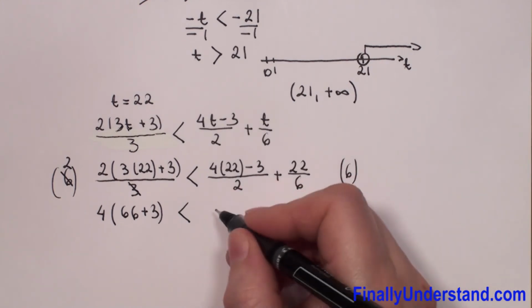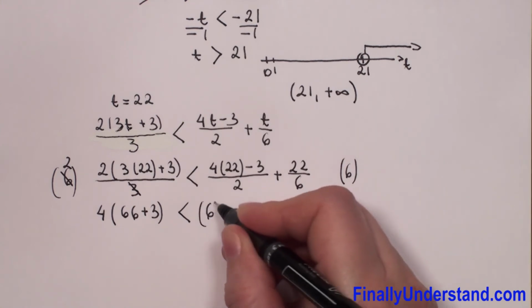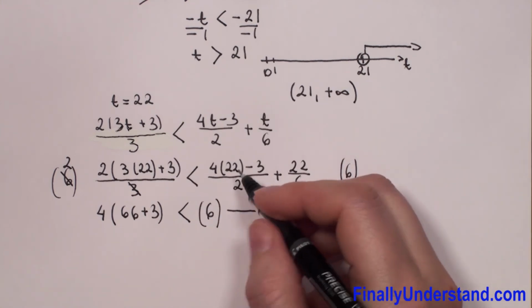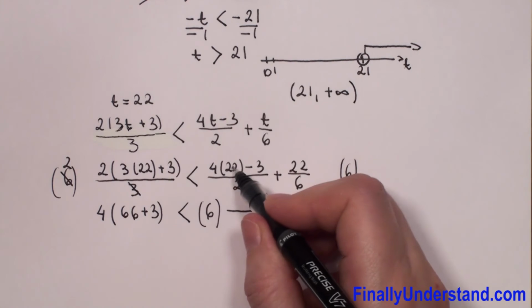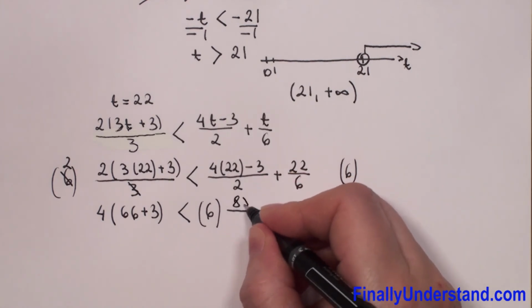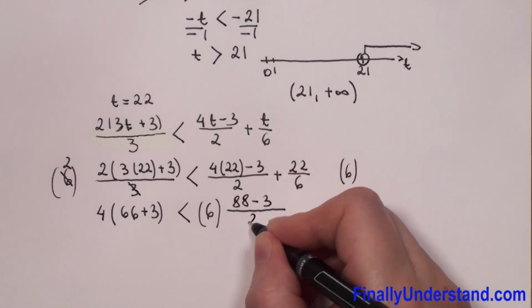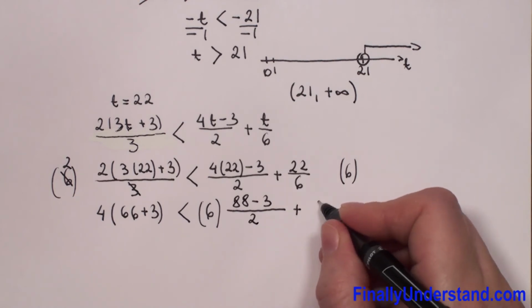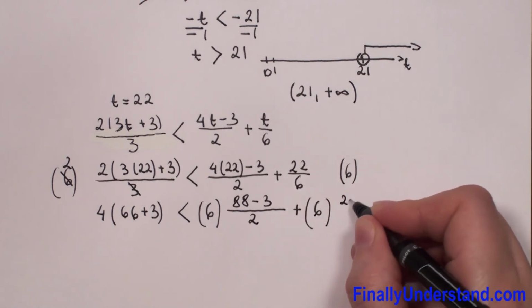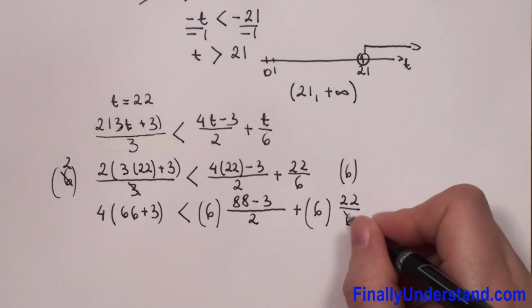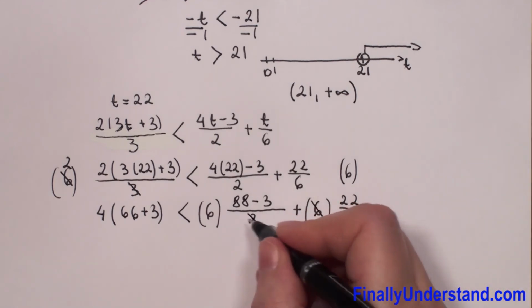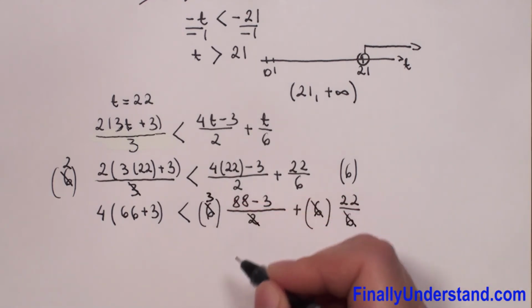So I have 6 times, and in the numerator, I have 4 times 22 will be 88 minus 3 over 2 plus 6 times 22 over 6. 6 and 6 will cancel. 2 and 6 will be 3.